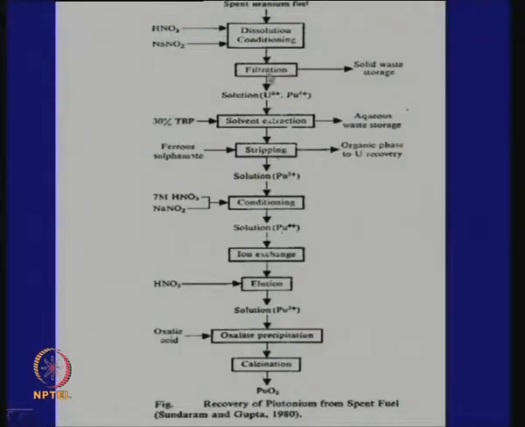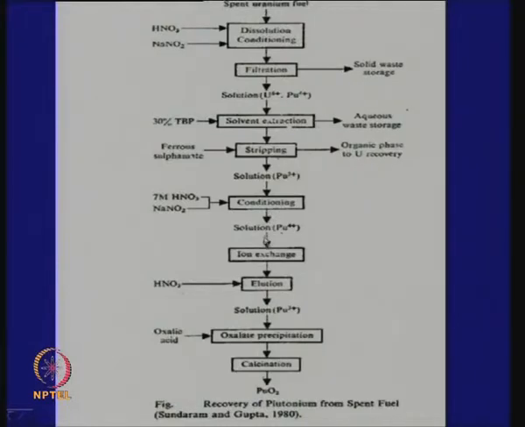It goes through a filtration step. The solution would have both uranium as well as plutonium. Solvent extraction by tributyl phosphate, and then stripping will bring plutonium in the solution. The organic phase will have the uranium, which will be needed again, but we have taken out the plutonium.